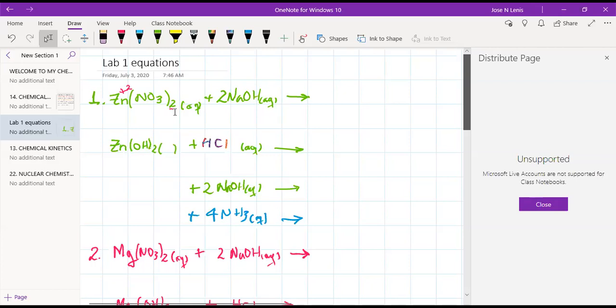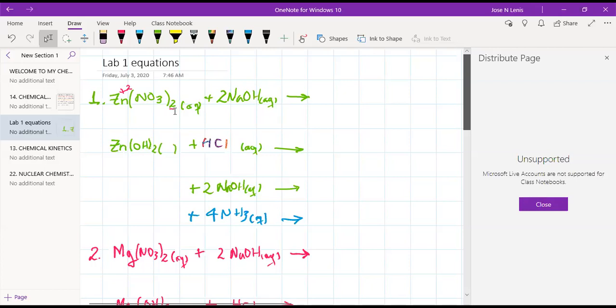However, zinc forms complexes. Not as many as other transition metals, but it does form some complexes, and we are going to see a couple of those complexes formed by the zinc ion.